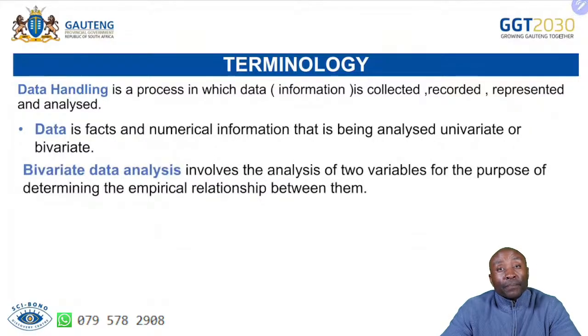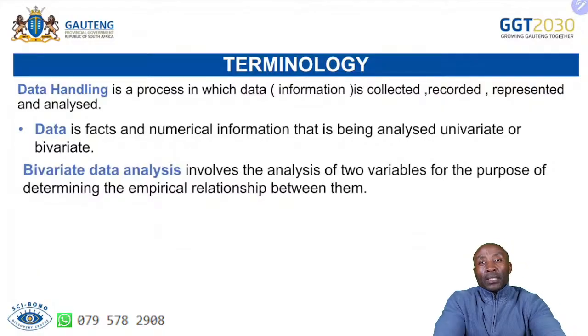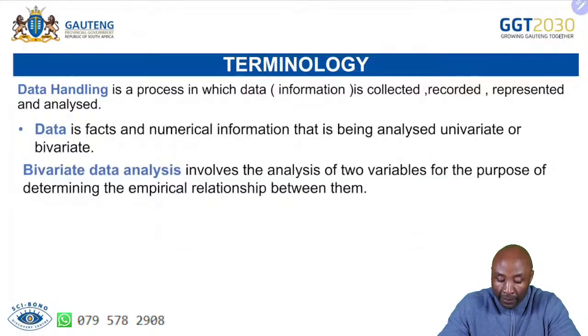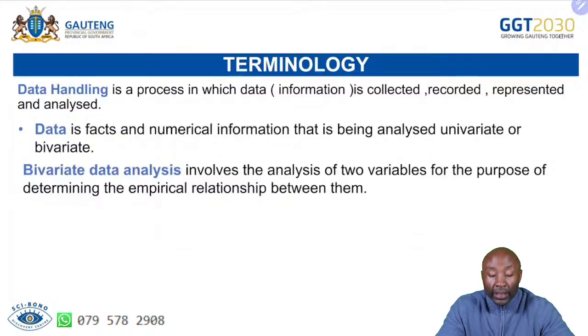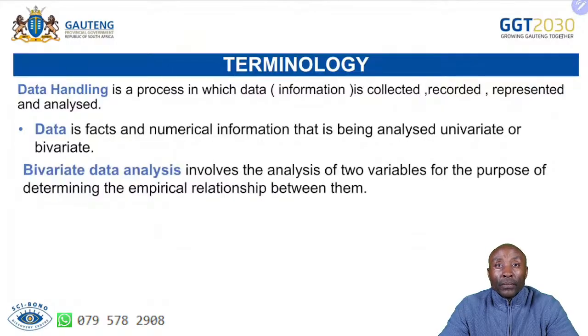In other words, univariate is when you are dealing with only one variable. For example, the data that we just analyzed, we are just dealing with ages. Whereas bivariate data analysis involves the analysis of 2 variables for the purpose of determining the empirical relationship between them. We must be able to check whether there is a relationship between the marks that you obtain in mathematics and physical sciences.